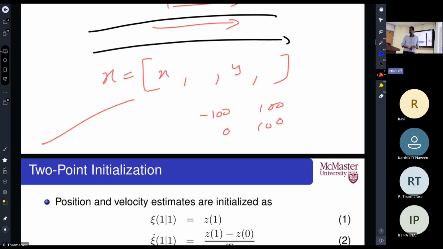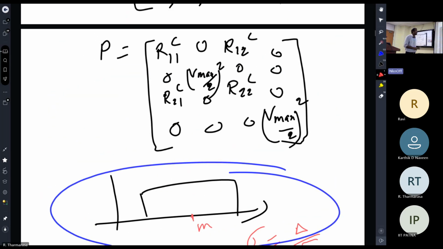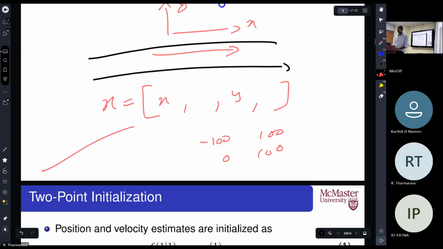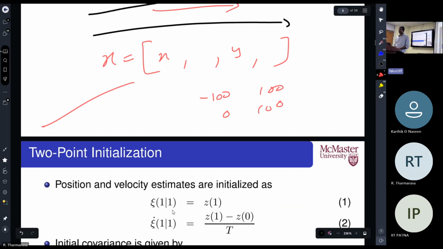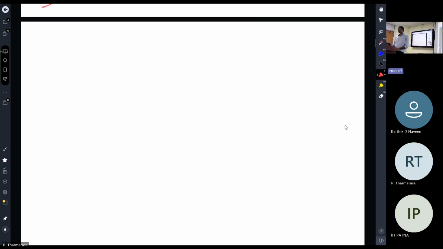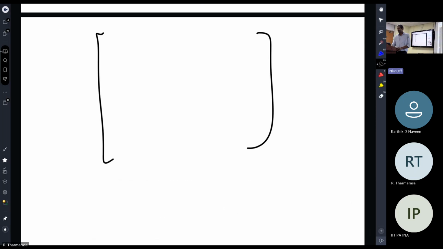Okay, that's one. Now I said that sometimes we use Vmax by 2, about the covariance, right? So in our tracker, that is the main problem I have right now. What happened is that I use Vmax by 2, all squared.